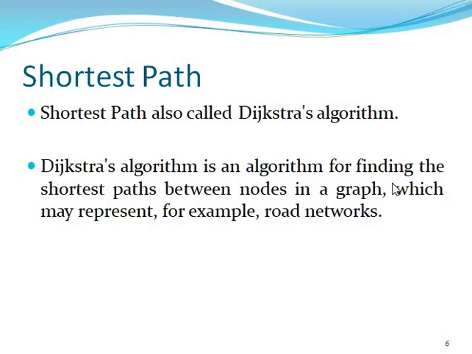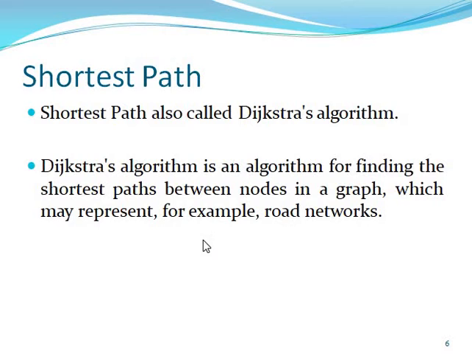It is an algorithm for finding the shortest path between two nodes in a graph, which may be represented for the particular algorithm. So what is the shortest path? The path represents a route from a source node to a destination node, and how to go easily from one to another by the shortest path. This is called the Dijkstra algorithm.